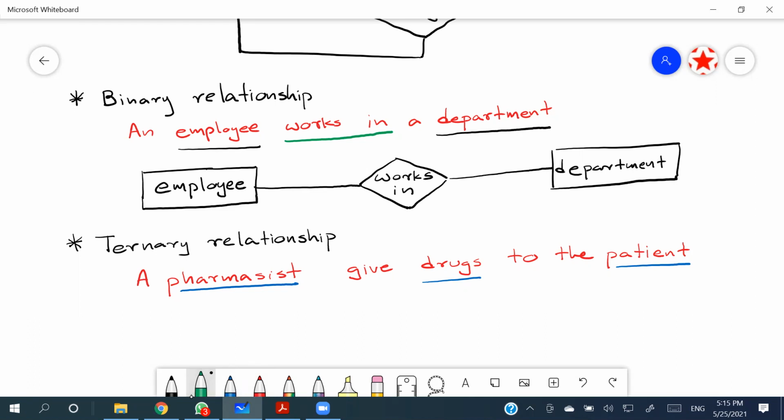What we can see is that give is the only verb. "To the" is like a type of connecting the things.